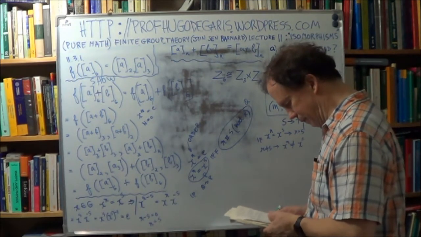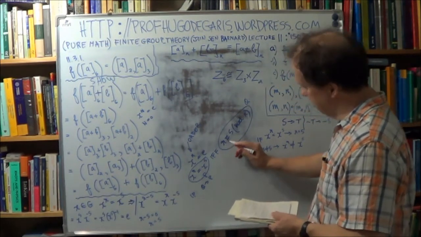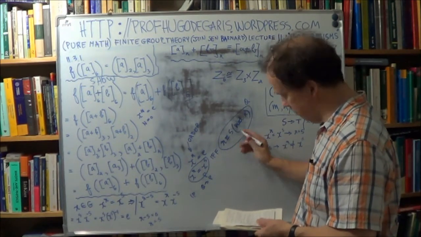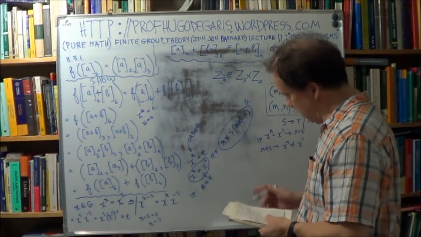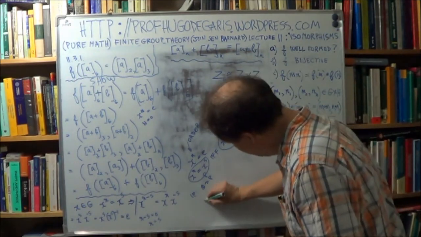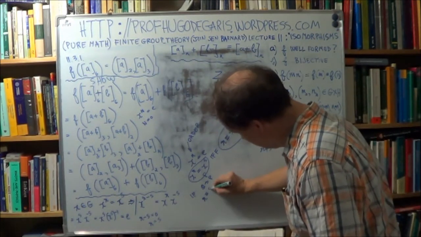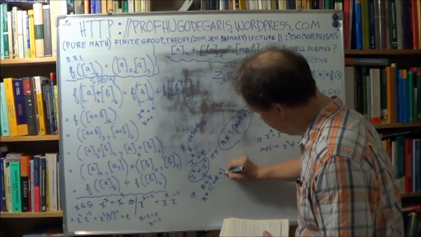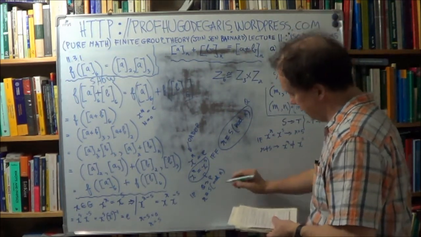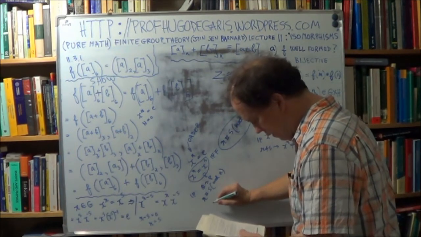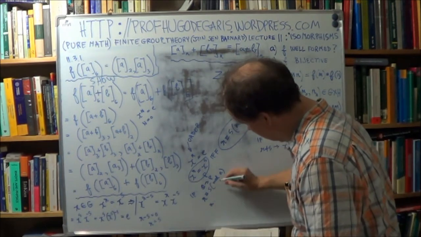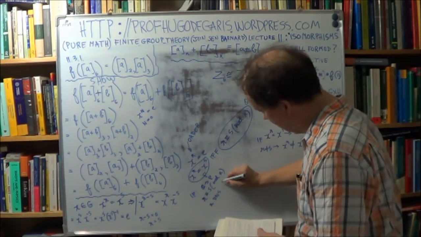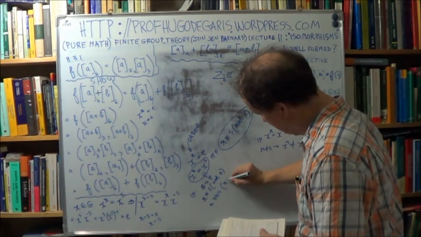Let's see. So you start with r and s being congruent mod n. You know that. So by definition, r is congruent to s mod n, so that means that n divides r minus s.